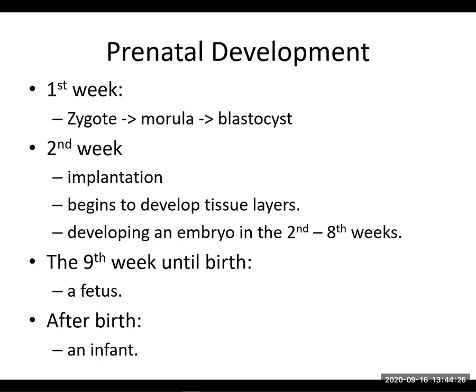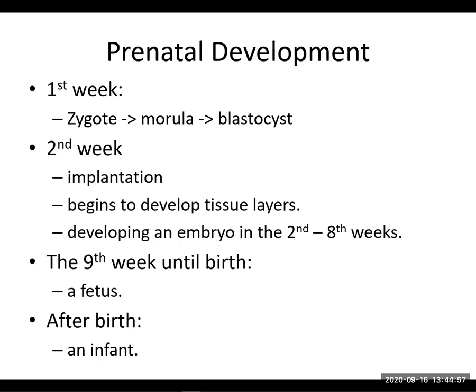In the second week, we will see this moving group of cells settle down in the uterus, meaning they are not moving anymore. They get embedded into the uterus, and it's called implantation. One major thing they do is start to build the placenta.